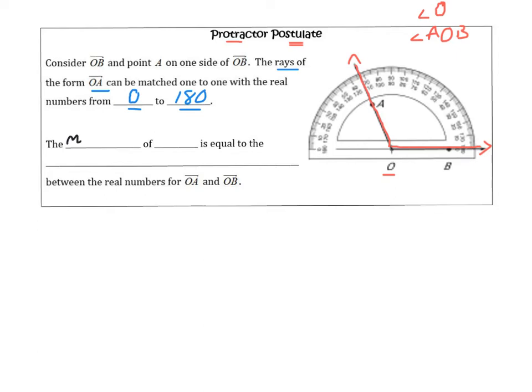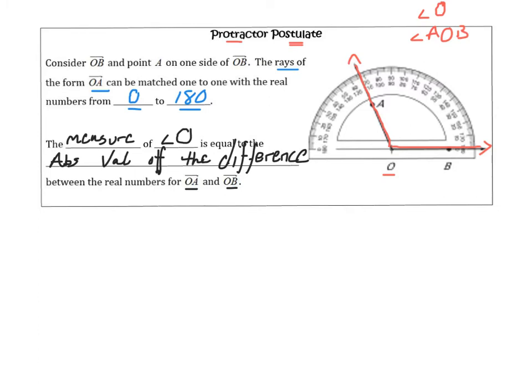The measure of angle O is going to be equal to the absolute value of the difference between the real numbers of ray OA and ray OB. What I mean by that is the values that you see on the protractor.